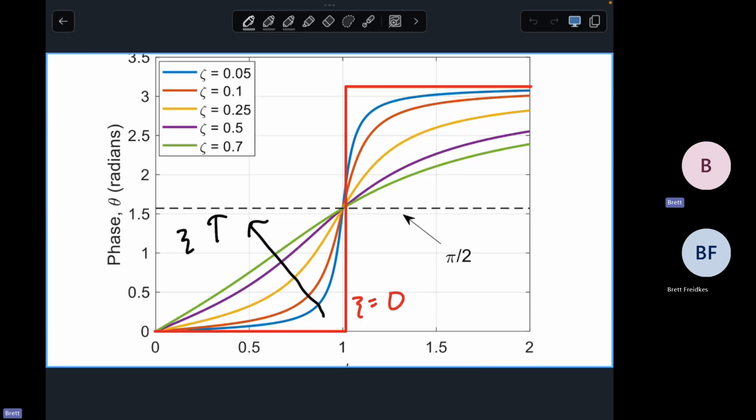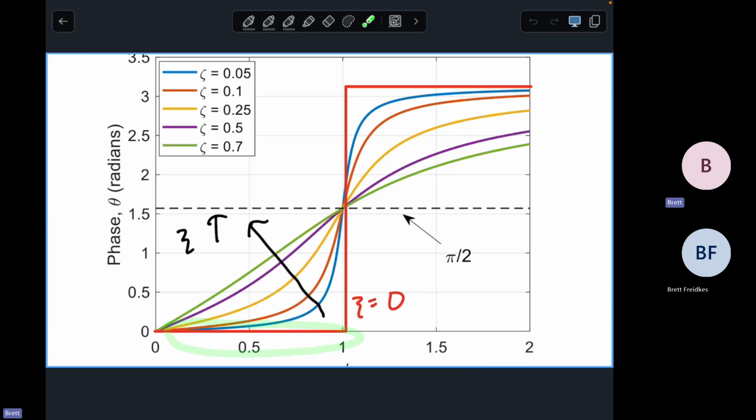He just gives them. Take off the axes. So when it's ideal, it's 0. As soon as you add a damper, it delays things. So that means that it has to be greater than.